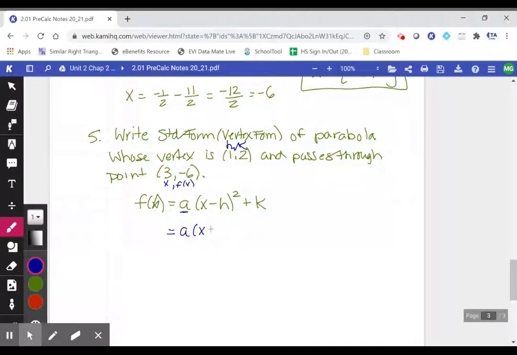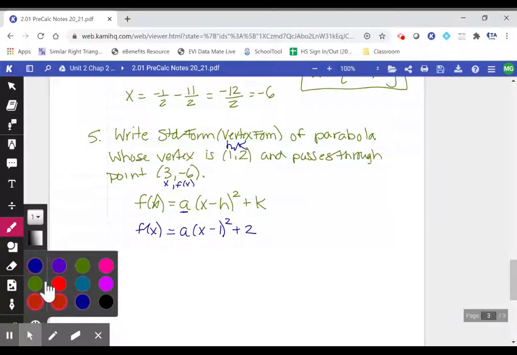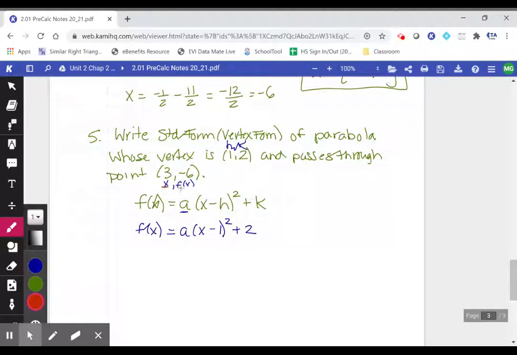So first I know my h and my k, so I'll put those in. And now to solve for a, I'm going to substitute in my x and my f of x. So I'm going to put 3 in for x and negative 6 in for f of x. And now I'm going to solve for a. So I have 3 minus 1 is 2.